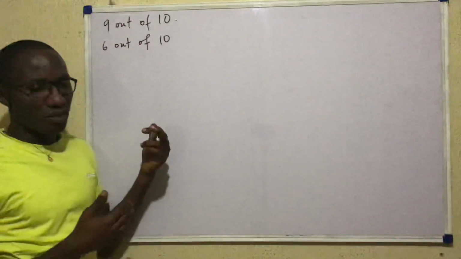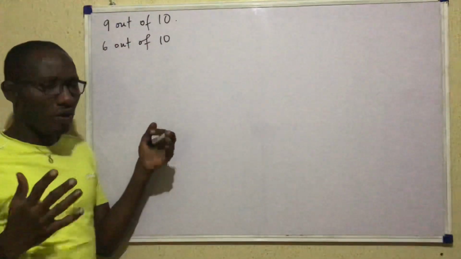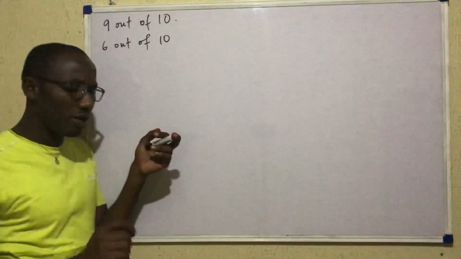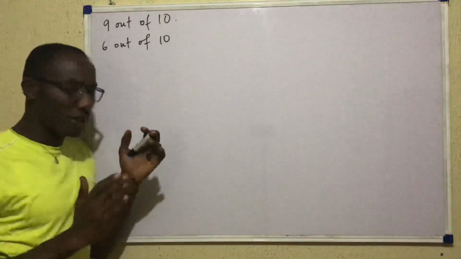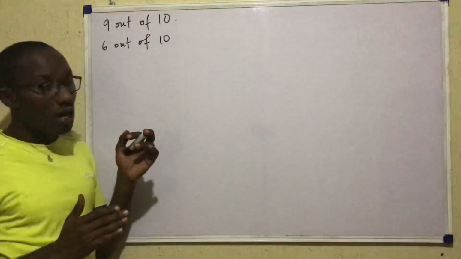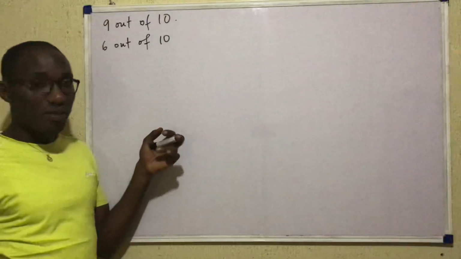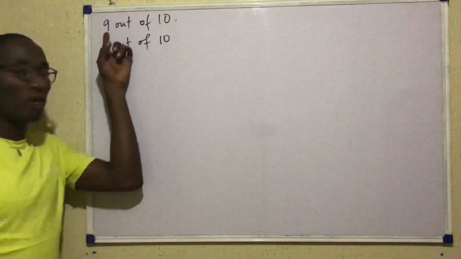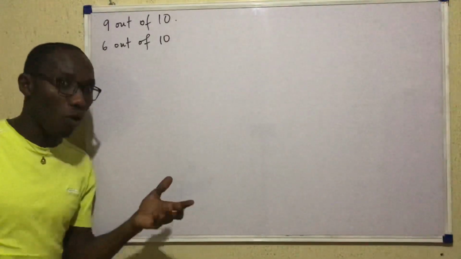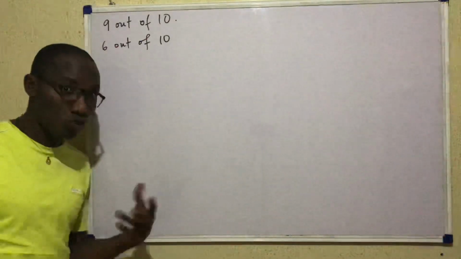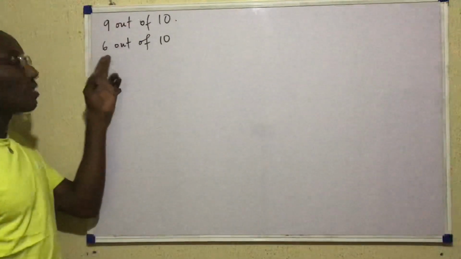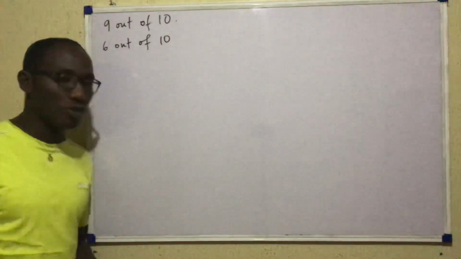Maybe after the exam, thinking of how many you got right, how many you failed, by your mathematics, you are expecting 9 out of 10. But when the results are released, you see 6 out of 10. In that case, 9 becomes your expected score. It is what you calculated to be your score. But 6 is your actual score.